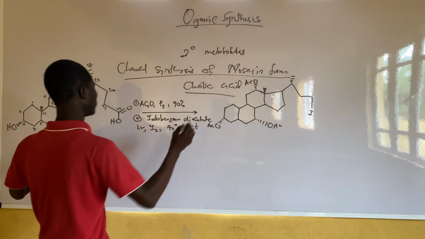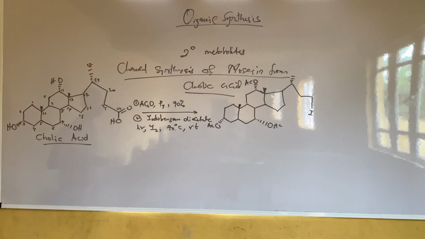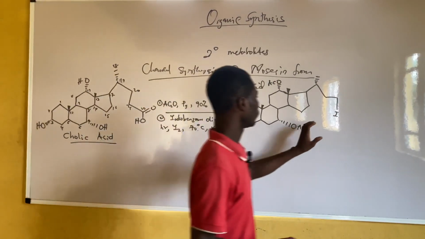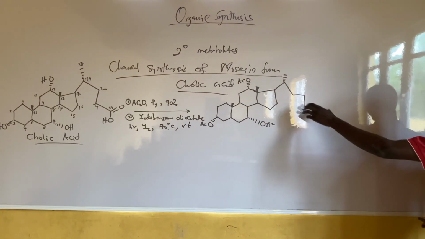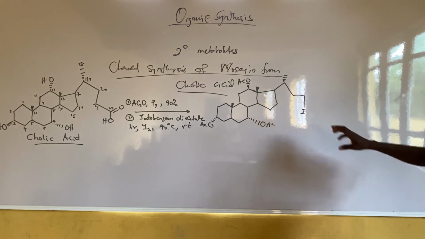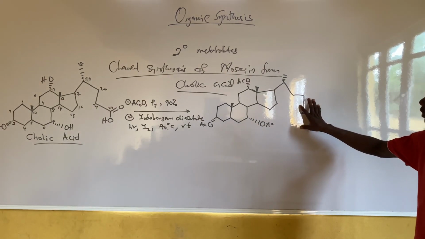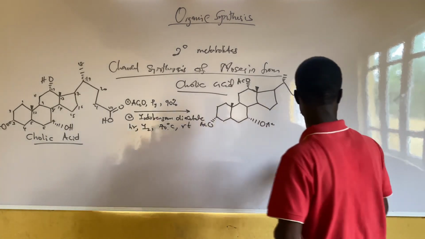Having done that, the next thing is that we oxidize this and get rid of this iodide group, and then we obtain a keto group at this junction. How do we achieve that?